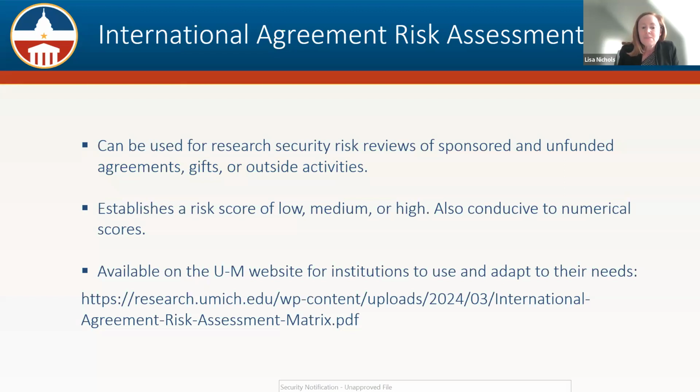The matrix, which has been, as Sarah noted, refined and adapted by the FDP Research Security Subcommittee, can be used for research security risk reviews of sponsored and unfunded agreements, gifts, or outside activities. It establishes a risk score of low, moderate, or high, but initially included and is also conducive to numerical scores. The matrix is available on the University of Michigan website for institutions to use and adapt to meet their needs. And I include the link here.